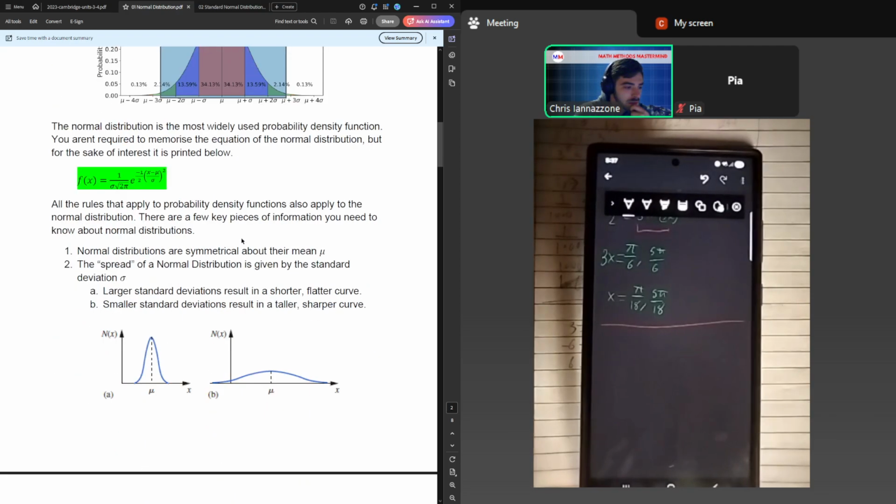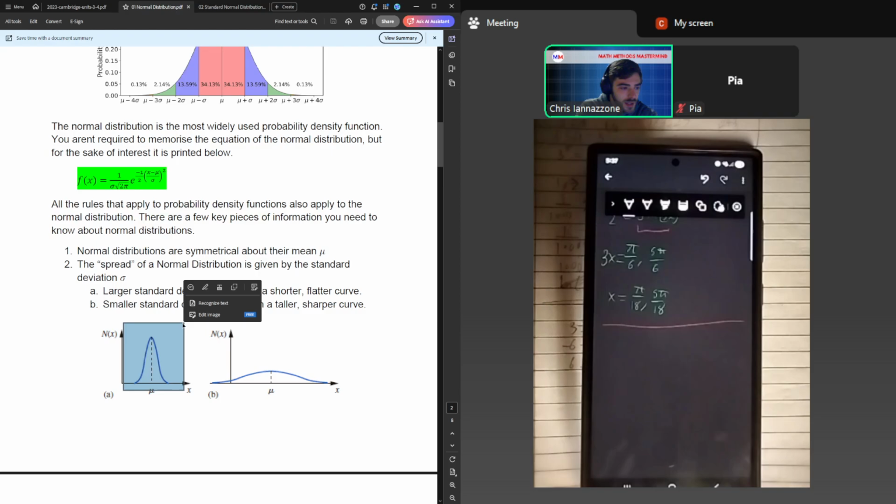So if we look at a few different outcomes, specifically the spread, the standard deviation of a normal distribution, this one here would have a low standard deviation, which would mean that it has a very tall and thin curve. Standard deviation is a measure of how far out things are spread.